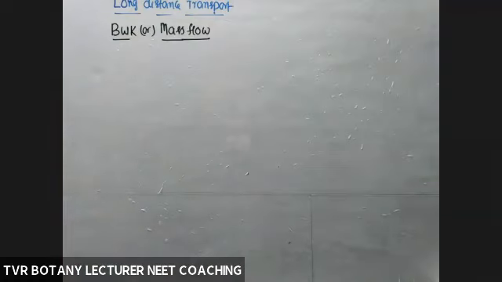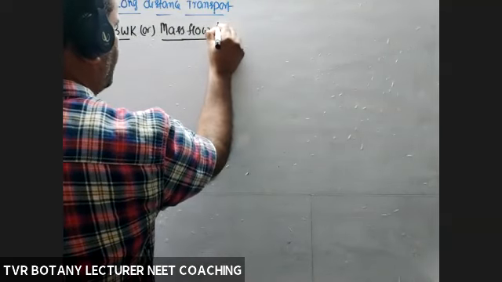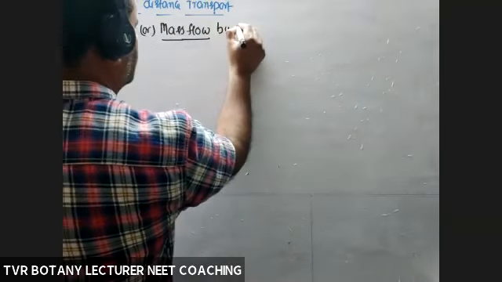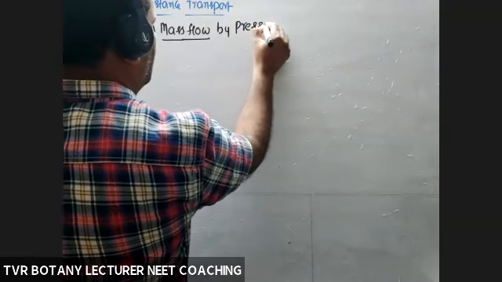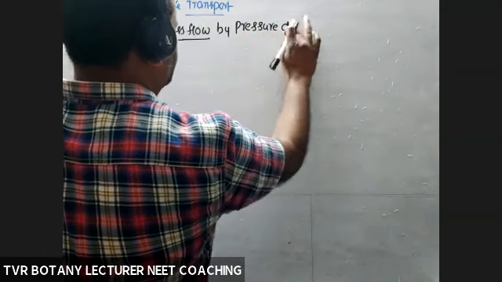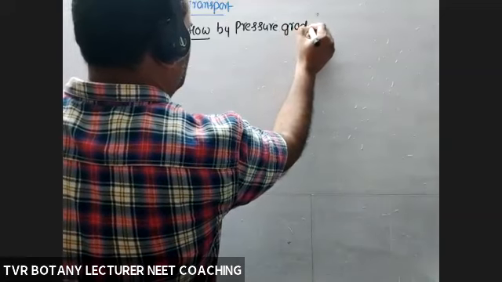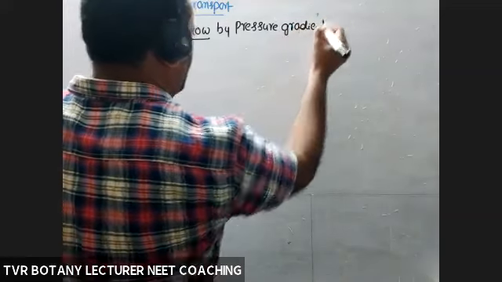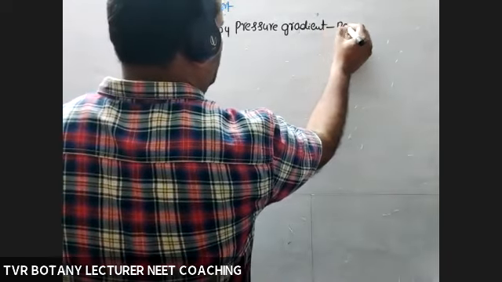Pressure gradient means definitely passive transport. So bulk or mass flow is by pressure gradient, or pressure difference. If it is because of a pressure gradient, definitely it is a passive transport only.